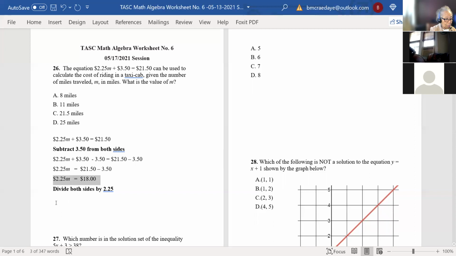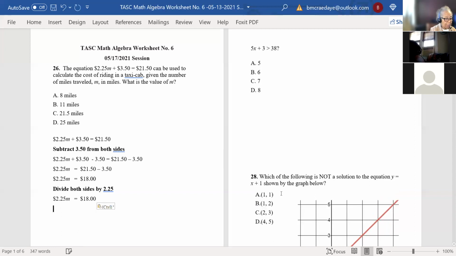Put the 2.25 underneath both sides as a divisor. Okay, so this is 2.25. And we'll underline here and put our 2.25 on both sides.